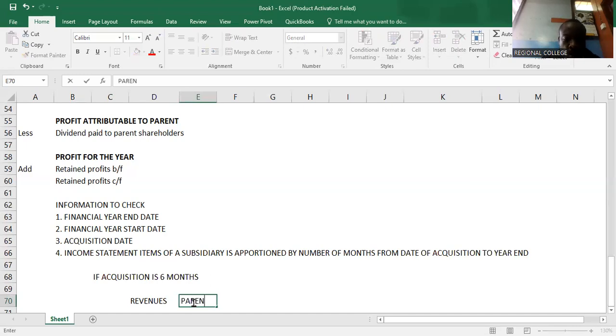I'll pick the parent in full. Then I add the subsidiary. Well, for the subsidiary, if it is maybe 500, I apportion it by 6/12. So you have to be keen with the financial year and the date of acquisition. Then I can less your intergroup sales.